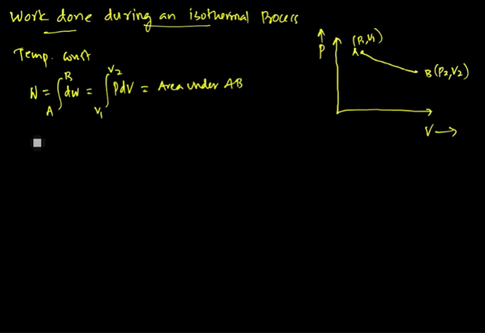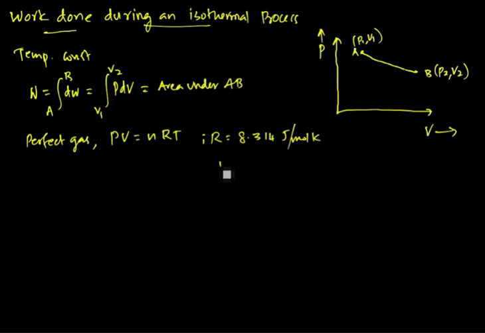Now we are considering a perfect gas. For a perfect gas, we know that PV is equal to nRT, where P is the pressure, V is the volume, n is the number of moles present, R is the universal gas constant whose value is 8.314 joule per mole Kelvin, and T is the temperature.